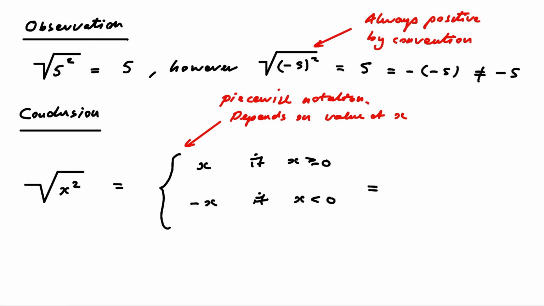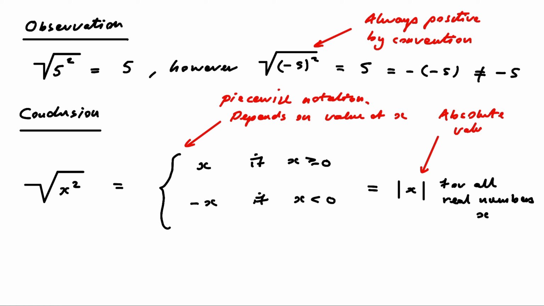So this is the absolute value of x, again something we're going to look at in more detail in further videos. So this is for all real numbers x. This is a measure of the size of a number.